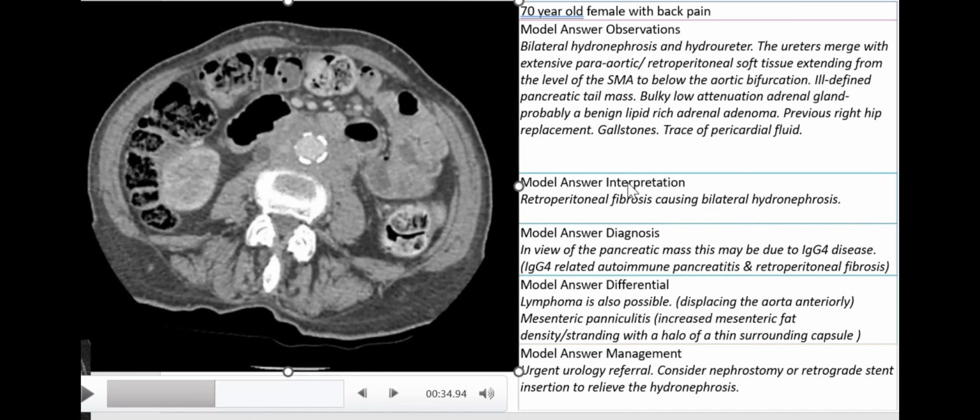So the interpretation here: there is a retroperitoneal mass causing medial deviation of both ureters and the caliber change at its level, okay?